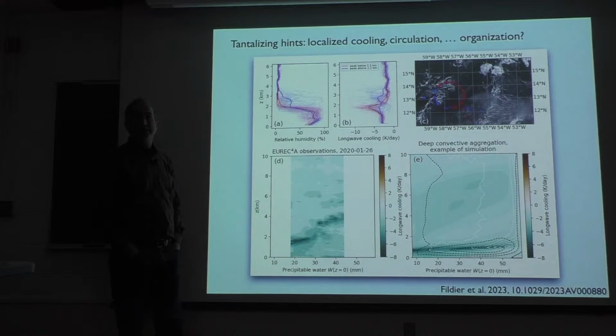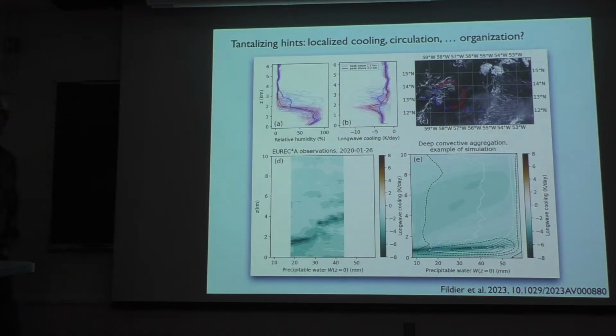Like shallow convection tends to moisten, but the radiative cooling dries, and then it kind of reverses in cloudy regions. And I'm wondering if this seems to be speaking about a potential solution of this in terms of the radiative cooling being on the relative humidity gradients.